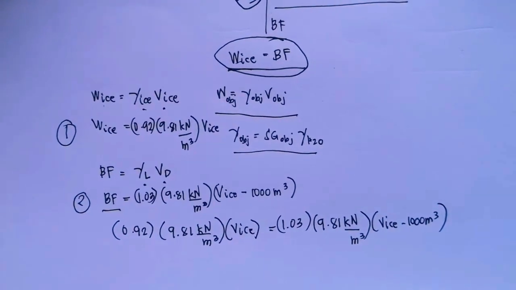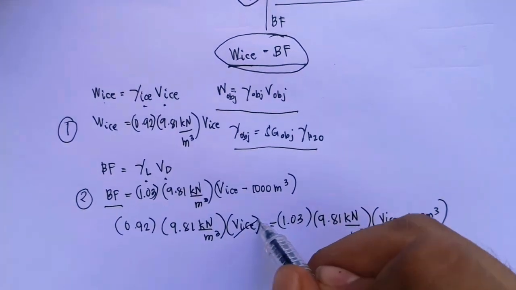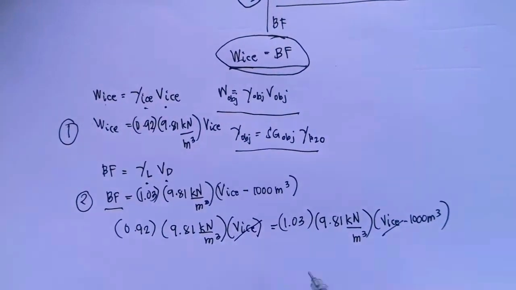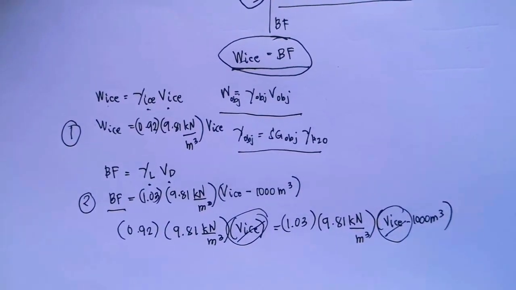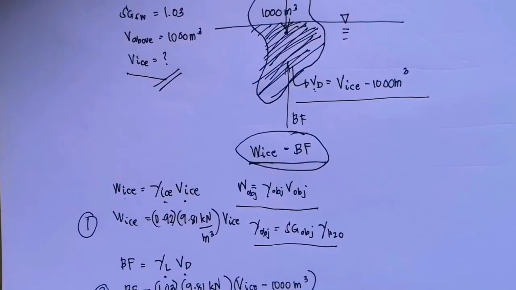Okay? If you will notice, kung mapapansin nyo, isa na lang yung unknown natin. Alin na lang yung unknown natin? Yung volume ng ice. Ito na lang yung hinahanap natin, which is yun din naman yung unknown sa ating problem.